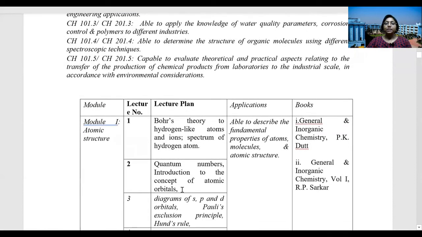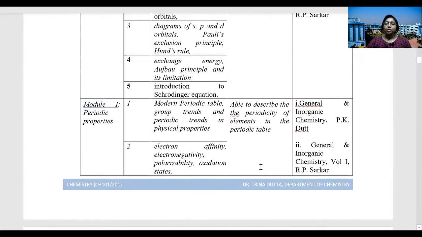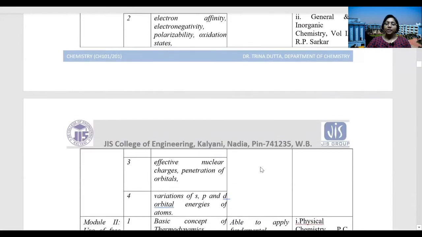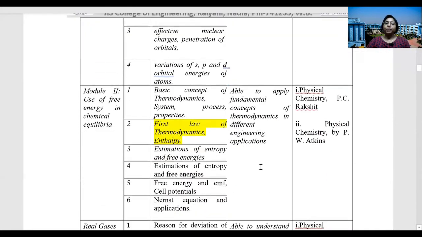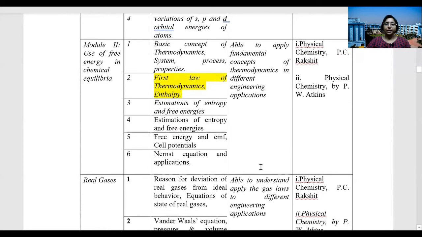Here the entire lecture plan is given so that you can understand which topics will be covered on which day, and so that you can prepare in advance with the course material already uploaded.